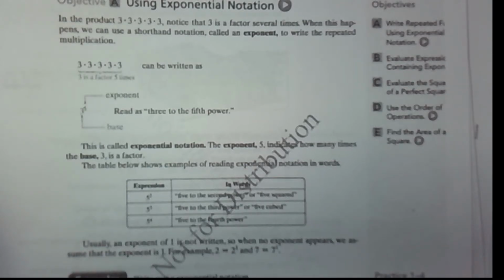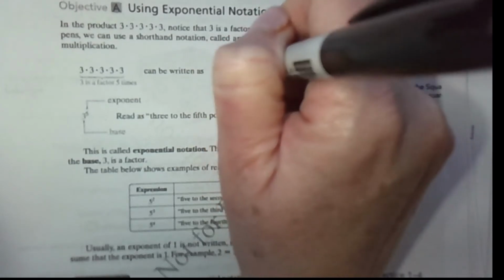Okay, so when we look at exponents, we need to know the vocabulary. That's very important. Anytime you're working with math, you want to know the language you're speaking, not just doing the calculation. Here, this is 3 to the 5th power.